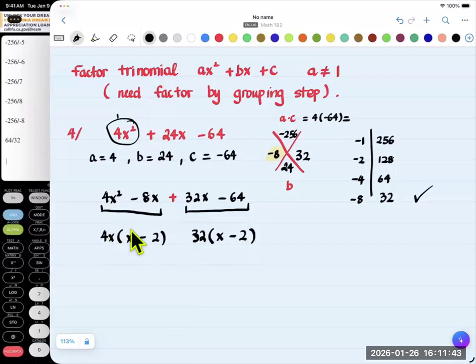Now these two terms, combined with the plus, have x minus 2 the same. So I'm going to take out x minus 2, and we will have 4x plus 32. This is the answer after you do the factor by grouping.